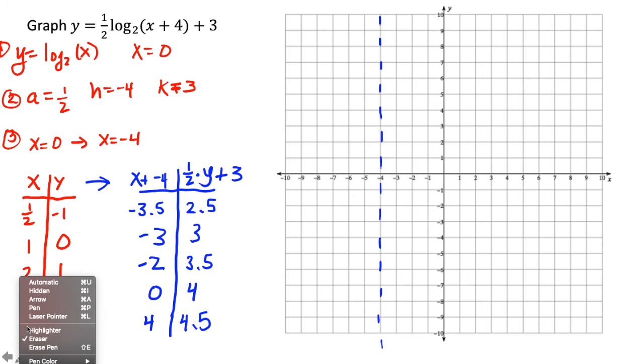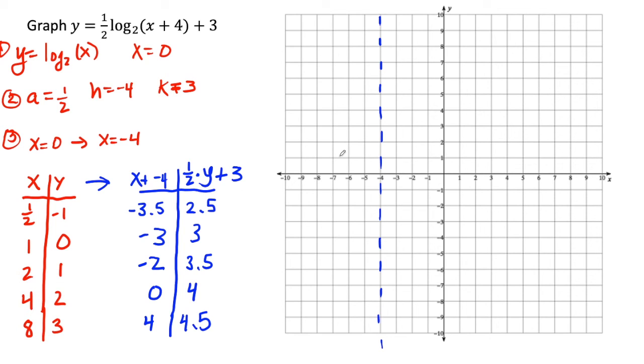Plotted the wrong point there. So negative 3.5, 2.5, negative 3, 3, negative 2, 3.5, 0, 4, 4, 4.5.